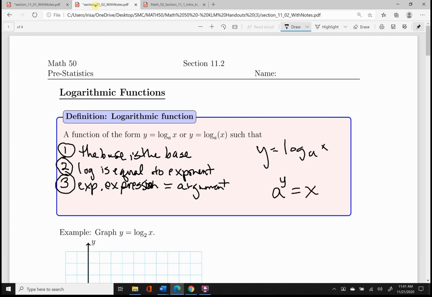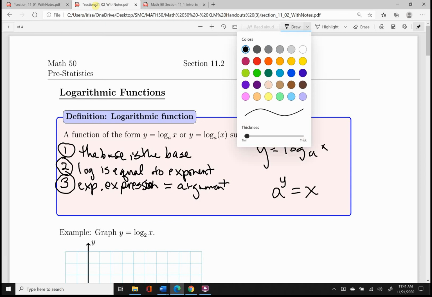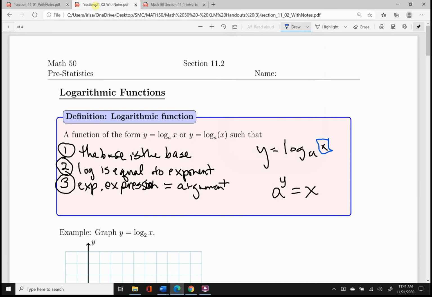And I want to make color and shape associations with this that are going to distinguish these. So let's do blue for the x, and we'll box it up. Okay. So the argument of the log is equal to the exponential expression.